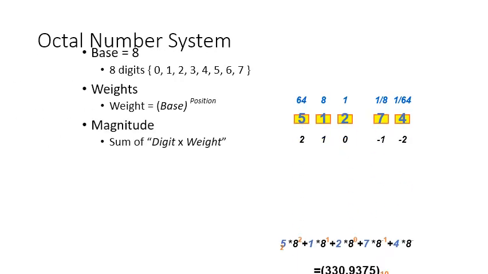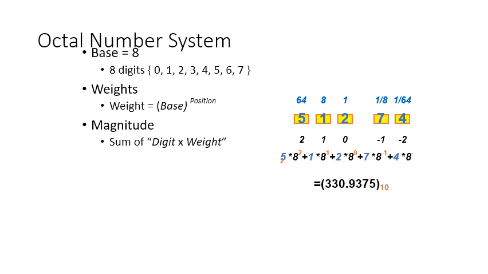Next is the octal number system, or number system with base 8. It uses 8 digits from 0 to 7, and you can write an octal number as weights of 8. If you want to convert any number system into the decimal number system, you simply have to multiply the coefficients with powers of the base.